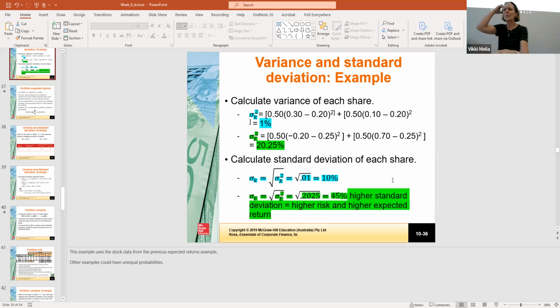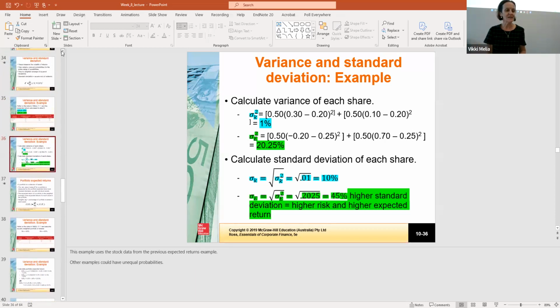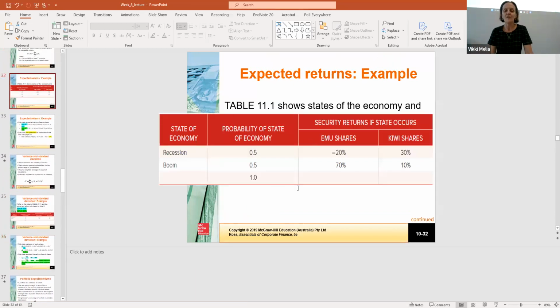Now, this example, I think, is a bit more complicated because there's two assets. If this example is confusing you, just completely ignore one of the assets. So if you find this really confusing, then my advice would be focus on just one. Pick Emu or Kiwi and just focus on one.